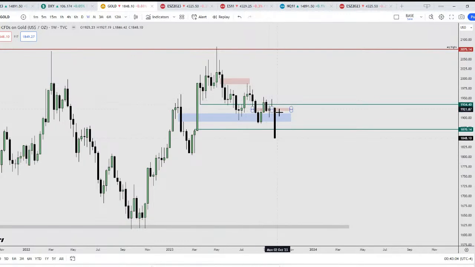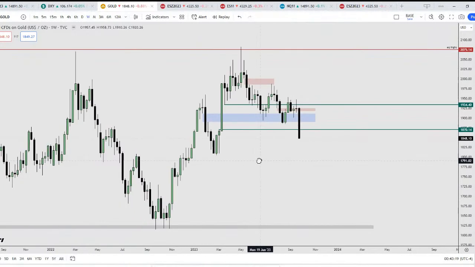As I've mentioned before, higher DXY, lower gold. So based on this closure alone, I think this is going to be the next strong liquidity, this swing low right here, right? Mentioned many times before that I wouldn't hold anything above these highs. I would use this as a stop hunt, right?